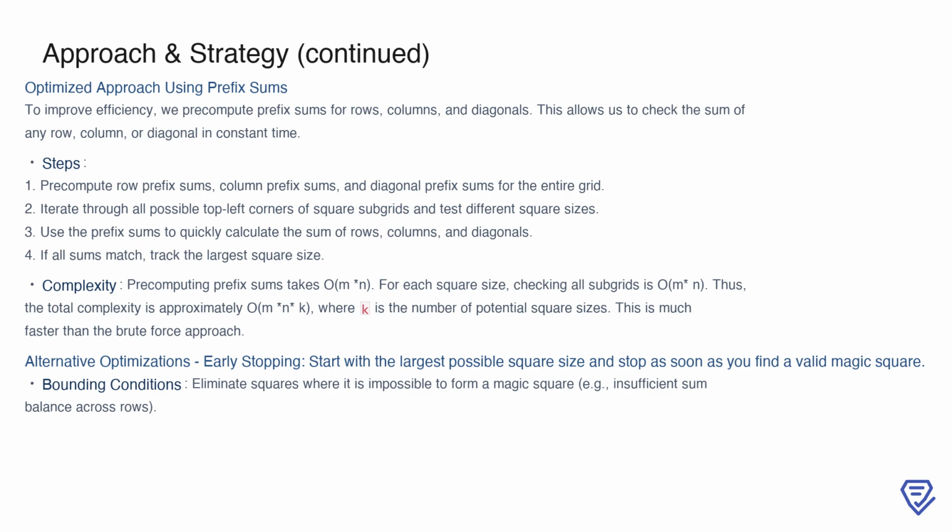If these conditions are met, we track the size of the square and continue searching for larger valid squares. This optimization reduces the time complexity significantly, as pre-computing prefix sums takes O(M*N), and testing all subgrids for each square size is approximately O(M*N*K). In addition, we can incorporate further optimizations, such as stopping early when a valid square is found or ruling out subgrids that cannot possibly form a magic square based on their structure. These enhancements make the solution even more efficient.